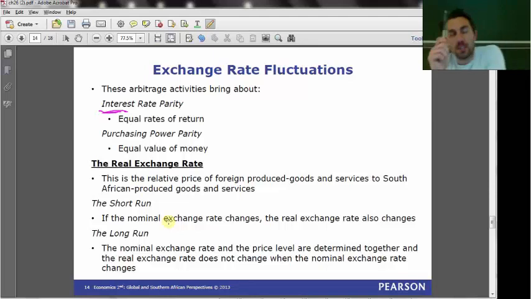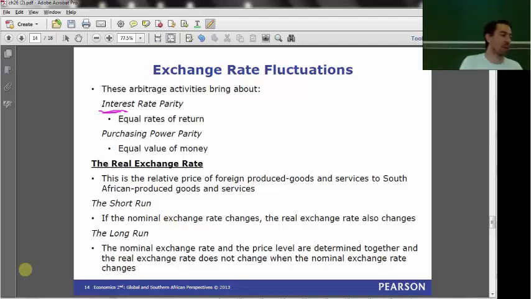If it's 10 Rand per dollar, then one egg in South Africa costs 10 Rand, how much should that egg cost in the US? It should cost $1 for one egg in the US. That means that your money has the same real purchasing power in both places. But it also means that the real exchange rate is the same.